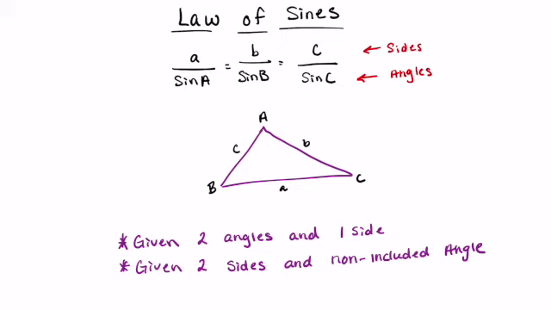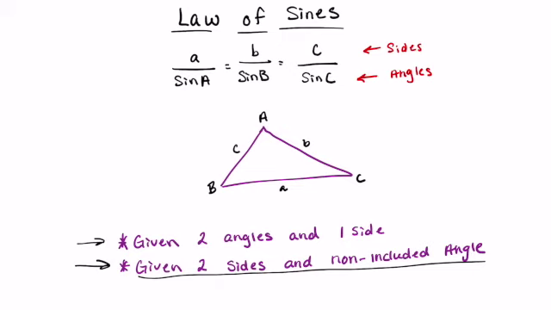So law of sines I'm going to use when I'm given two angles and one side, or I'm given two angles and two sides and a non-included angle. But we have to be extremely careful because when I'm given this, it can result in what's called the ambiguous case.